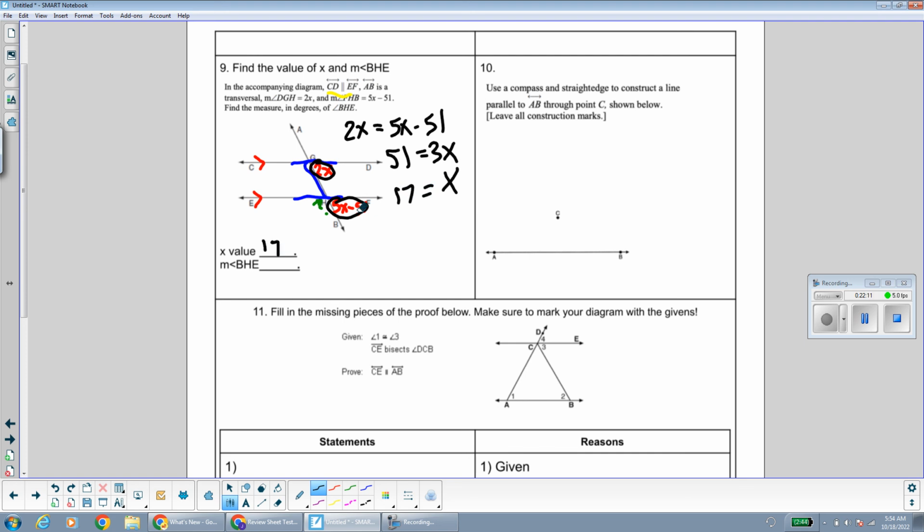Now I need to find the measure of angle BHE. So first I'm going to plug in here. So 5 times 17 is 85 minus 51 is 34. So this is 34 degrees.